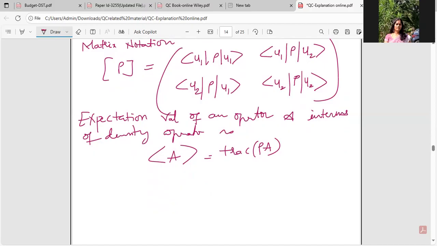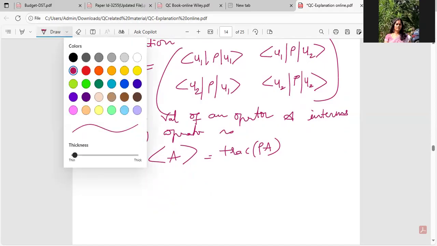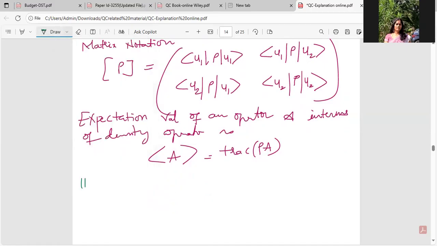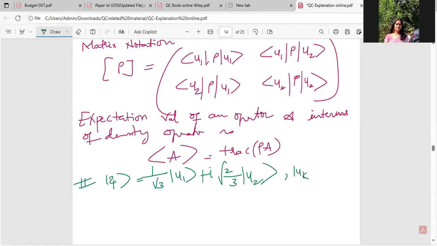Now we will just see how to find the density operator, with one numerical on it. Given ket xi equal to 1 by root 3 ket u1 plus i root 2 by 3 ket u2, where the kets ui constitute an orthonormal basis.